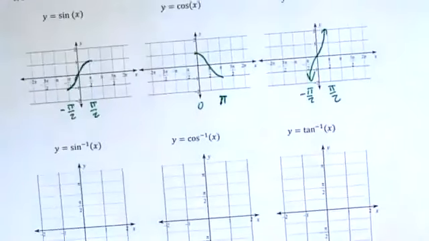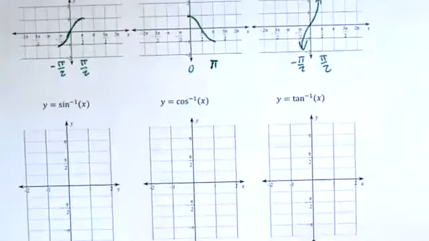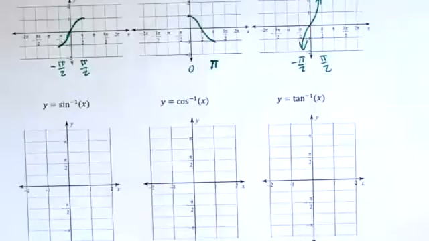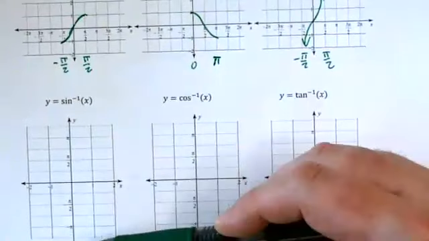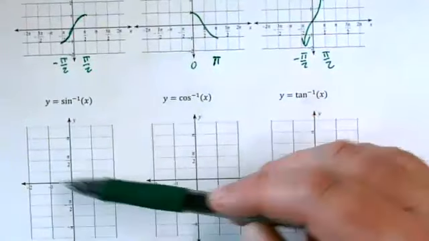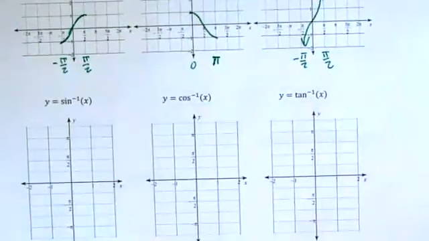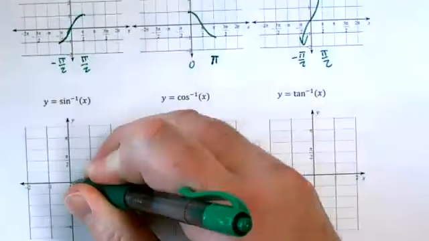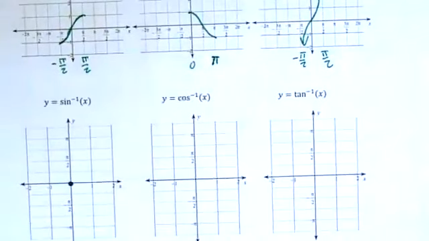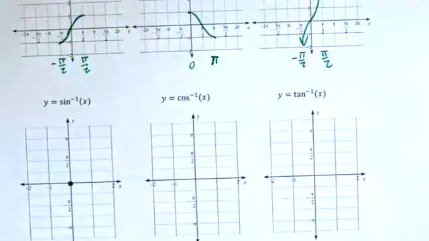So we're going to go ahead and sketch our inverse trig functions here. When we do this, you'll notice that the scale has just kind of flipped, right? Now my y-axis is in terms of pi, and my x-axis is in terms of, well, integers. So I'm going to just look point by point. Notice that the origin was on our original, so the origin should be on our inverse also.